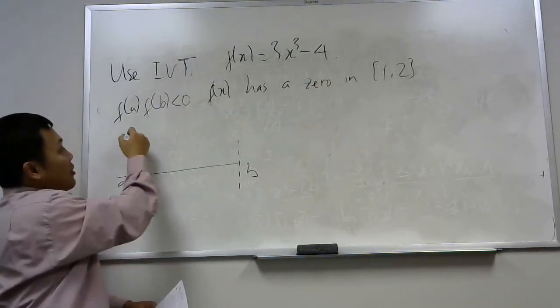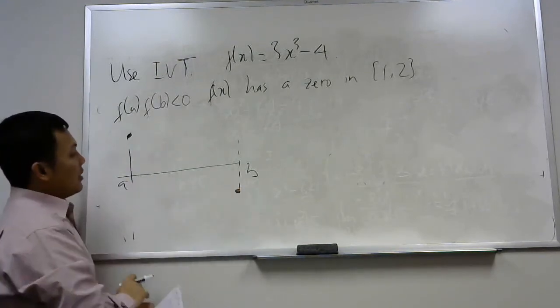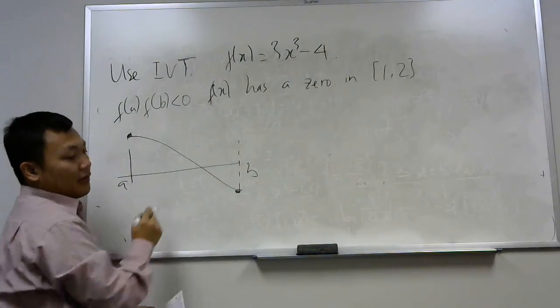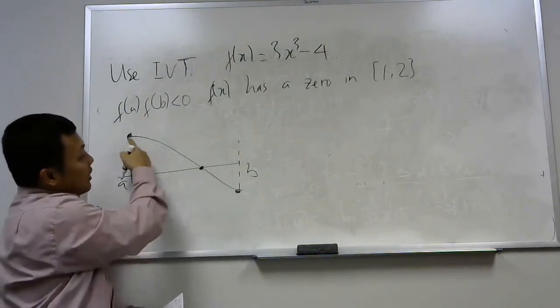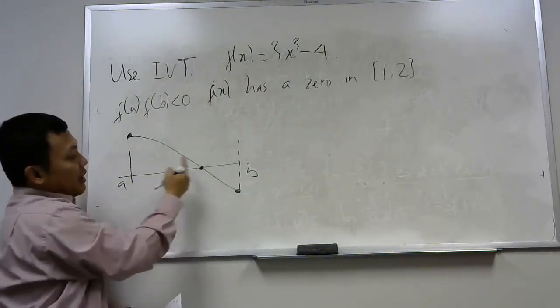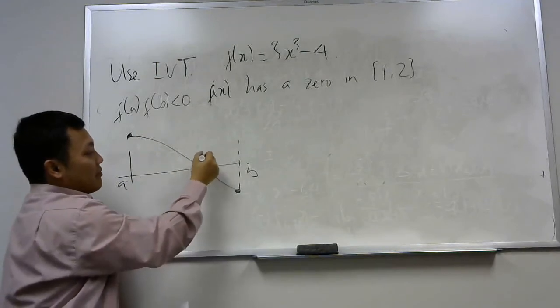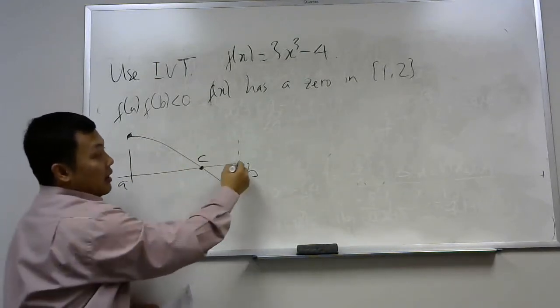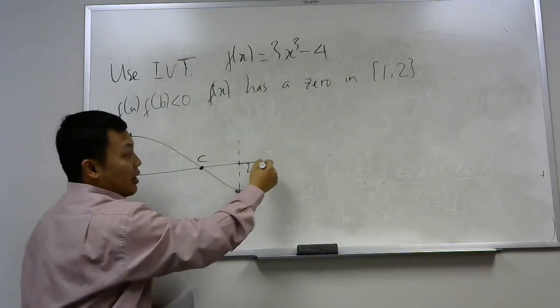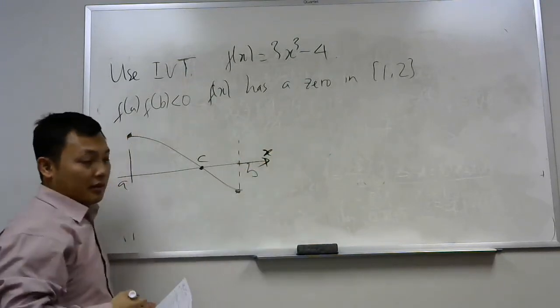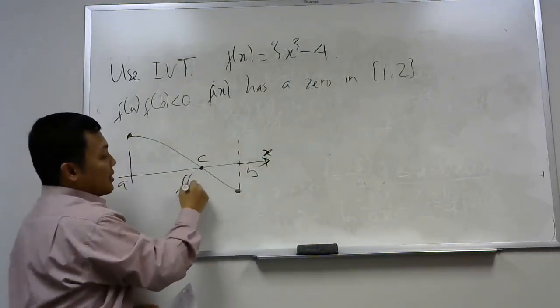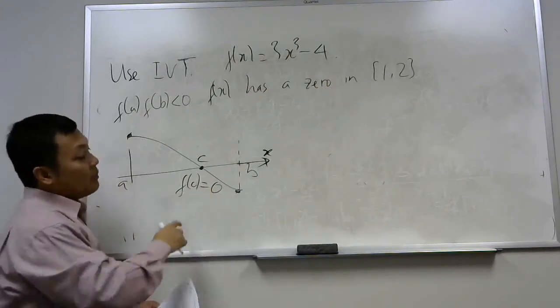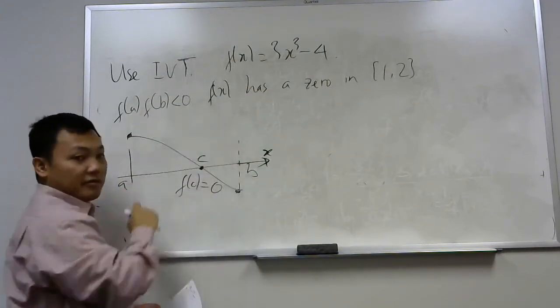Okay, so suppose we have above in here and under in this, right? And the function is continuous. Then when you connect this point, this curve should intersect with AB at some point C. This is the horizontal axis, right? And that is just the x-axis. So at C, f of C equal to 0. That means C is a 0 of f of x.